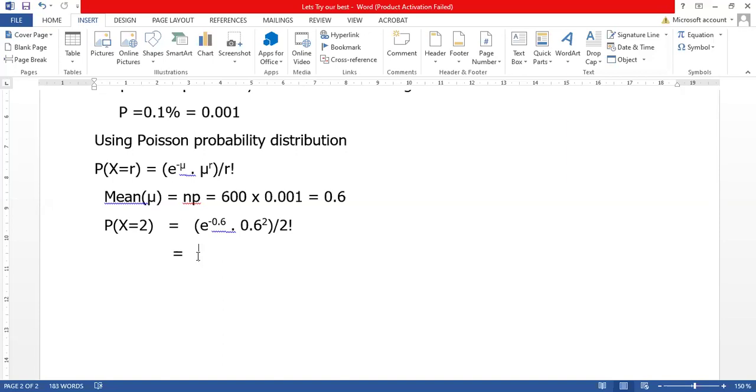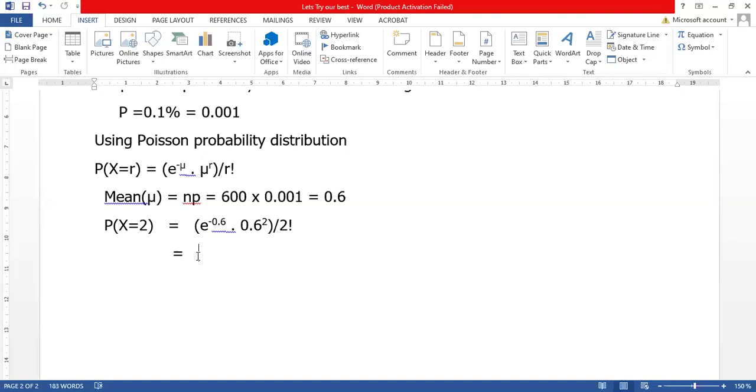Then divide by 2 factorial: write 2, then click shift, then the x power negative 1 button, depending on the calculator you're using.